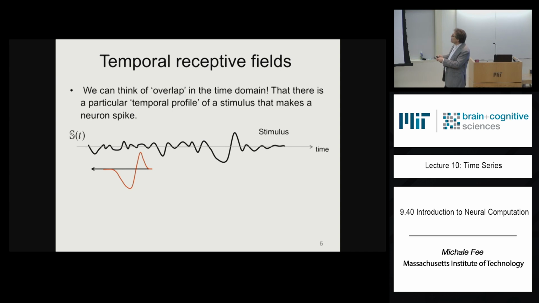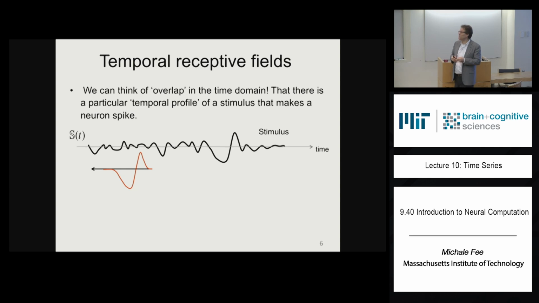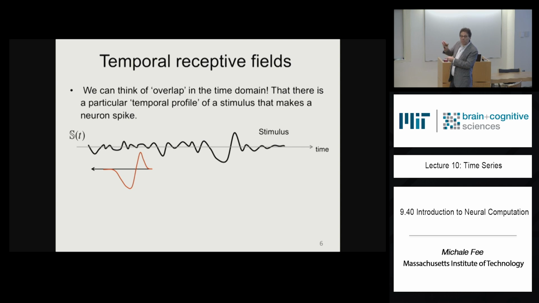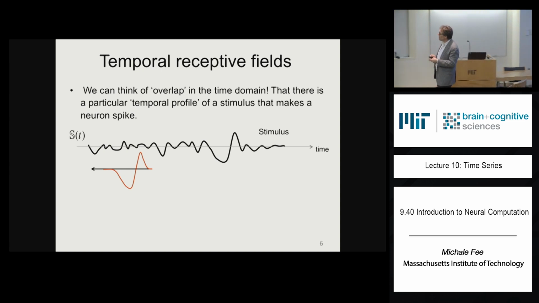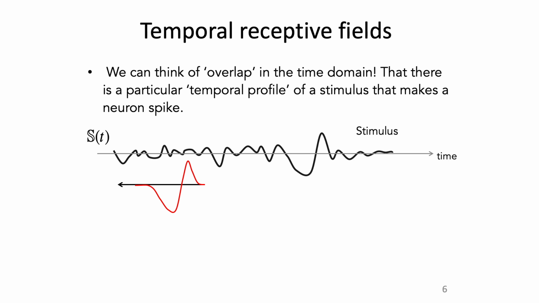As you recall, if we have a time-dependent stimulus, let's say this is the intensity of a spot of light, you can have a neuron that's responsive to a particular temporal pattern, let's say a brief darkening of the stimulus followed by a pulse of bright, high intensity, and then the neuron responds after it sees that pattern in the stimulus. The way we think about this mathematically is that the stimulus is being convolved with this linear temporal kernel.